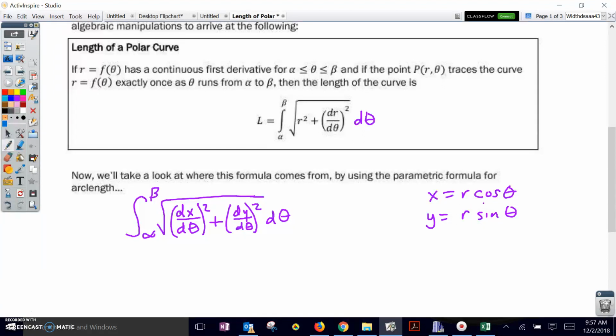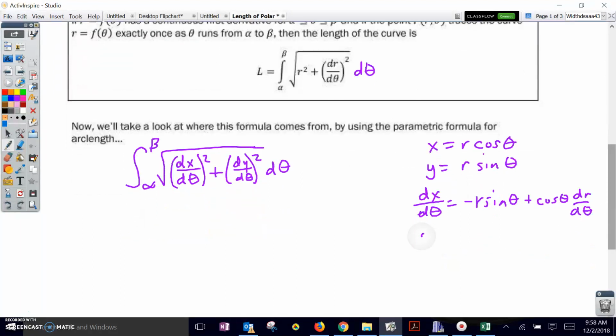And so, dx/d theta, the derivative of this with respect to theta, is negative r sine of theta plus cosine of theta dr/d theta, and dy/d theta is r cosine of theta plus sine of theta dr/d theta.